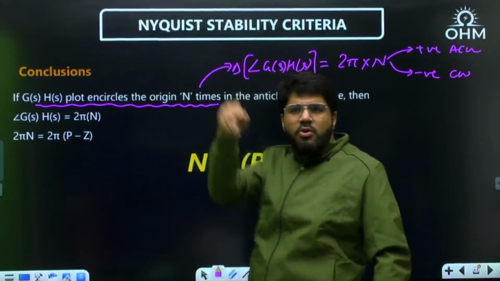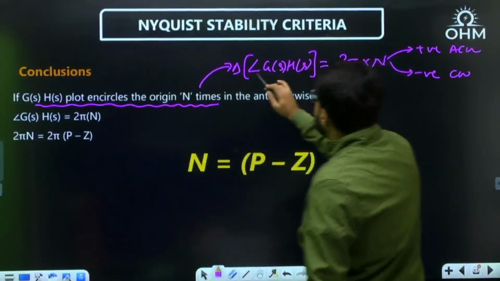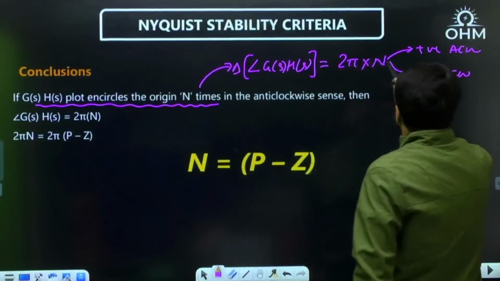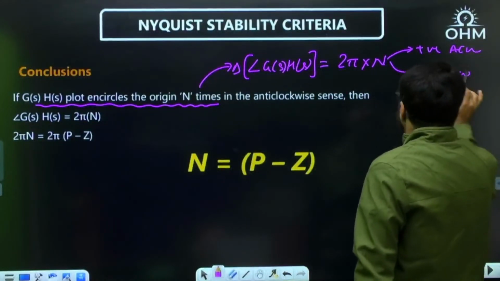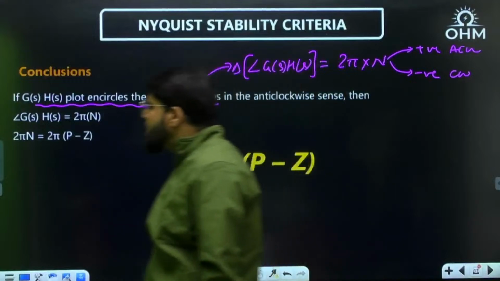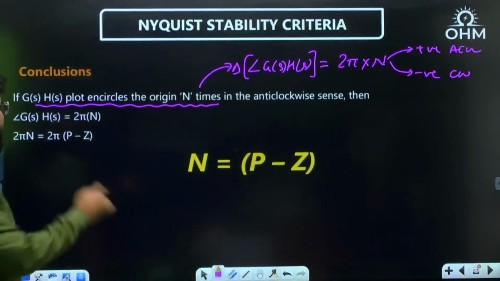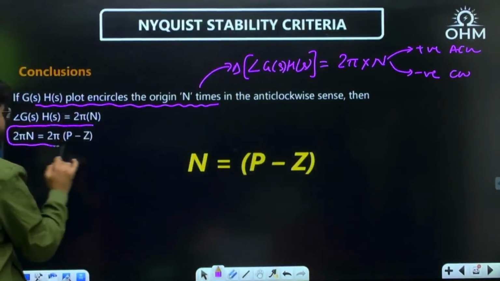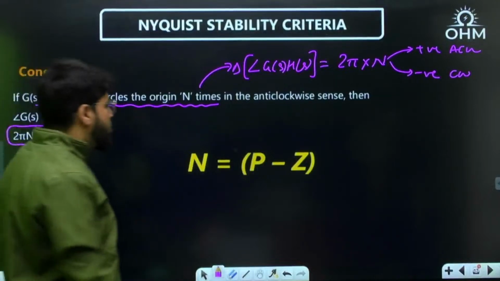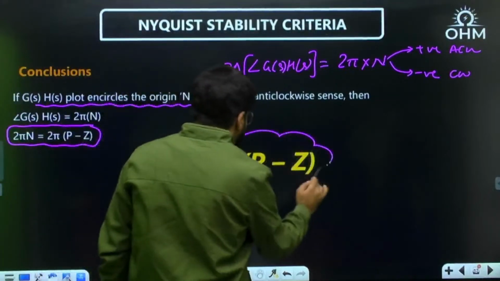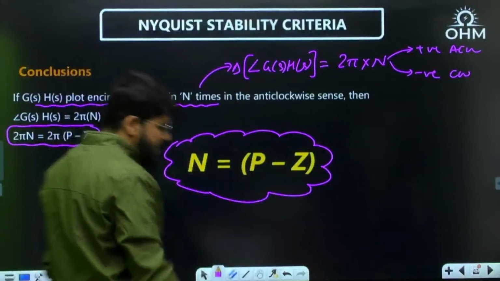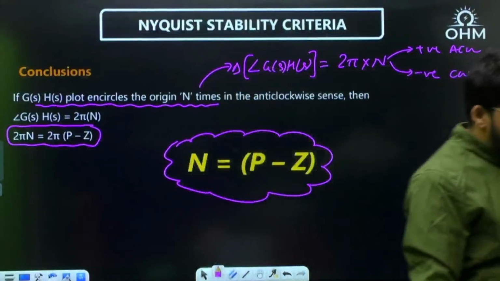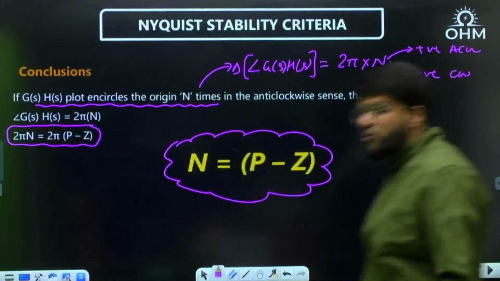It is moving around origin N times. Then the change in angle of G(s)H(s) is 2 pi N, where N will be plus for anti-clockwise, minus for clockwise. So if I compare both of them, 2 pi N is 2 pi (p minus z). 2 pi cancel, N is equal to p minus z.